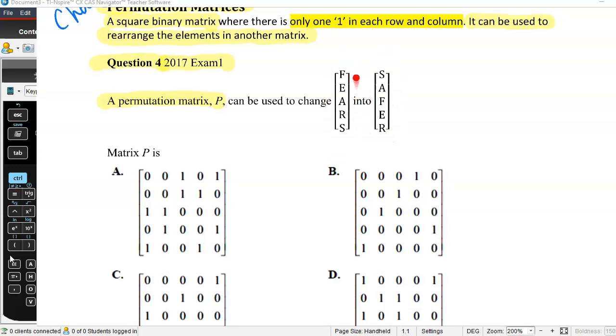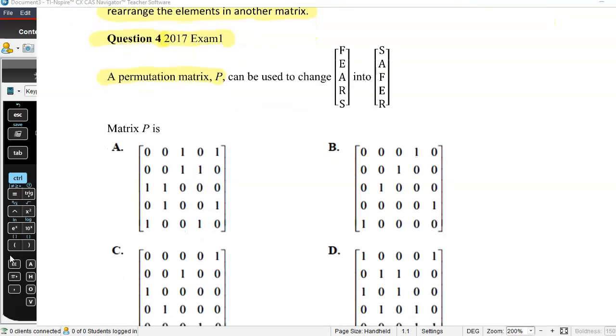You can see the first one is FEARS. We're using the same letters in SAFER, but they've just been rearranged. F, instead of being in the first row, is now in the third row. E is now in the fourth row instead of the second. A was in the third, now in the second. R was in the fourth, now in the fifth. S was the last one, the fifth row, and is now in the first row. So what has been done here?